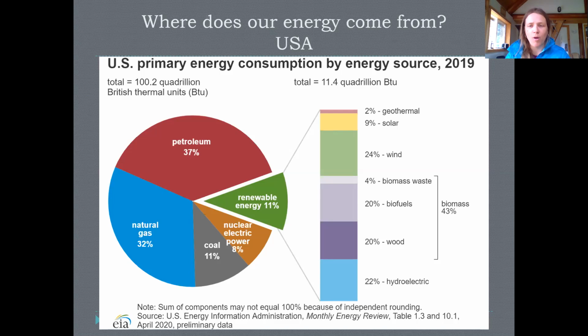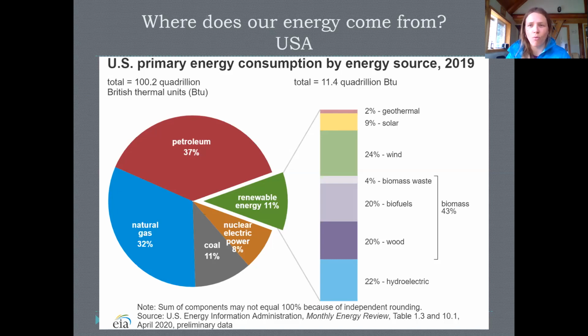And petroleum is primarily used in the transportation industry, right? This is the gas that we put in our cars, our trucks, our planes. That is a lot of energy, and we primarily rely on petroleum to get that done. Then natural gas, the next biggest component, is 32%, so also quite big.